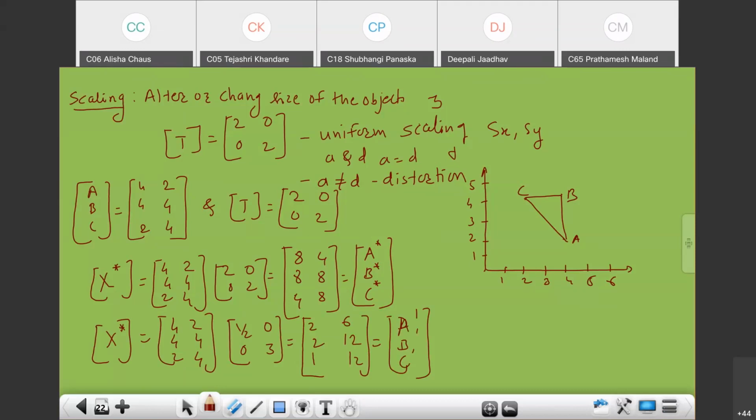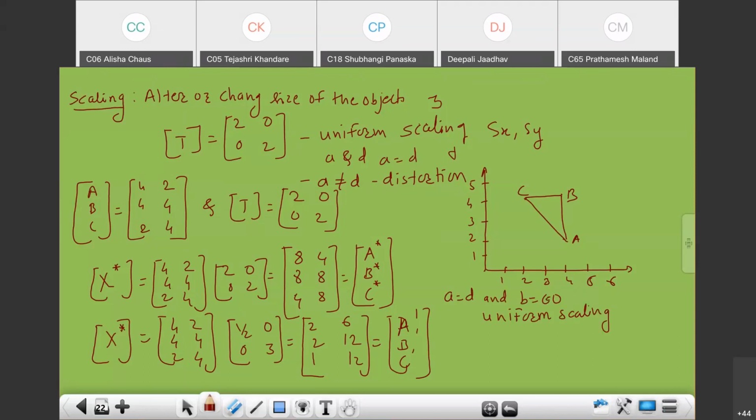In the first one, in the transformation matrix A and D are equal, and B and C are equal to 0, it gives uniform scaling.